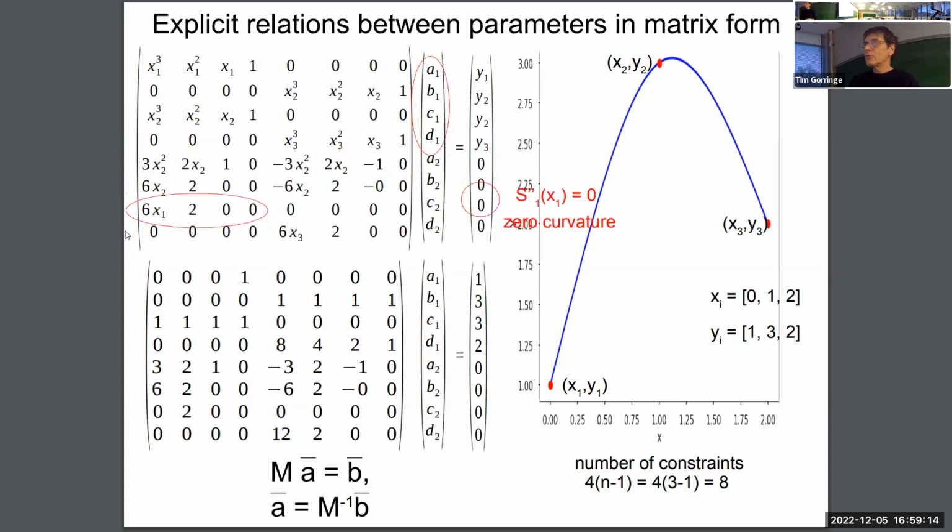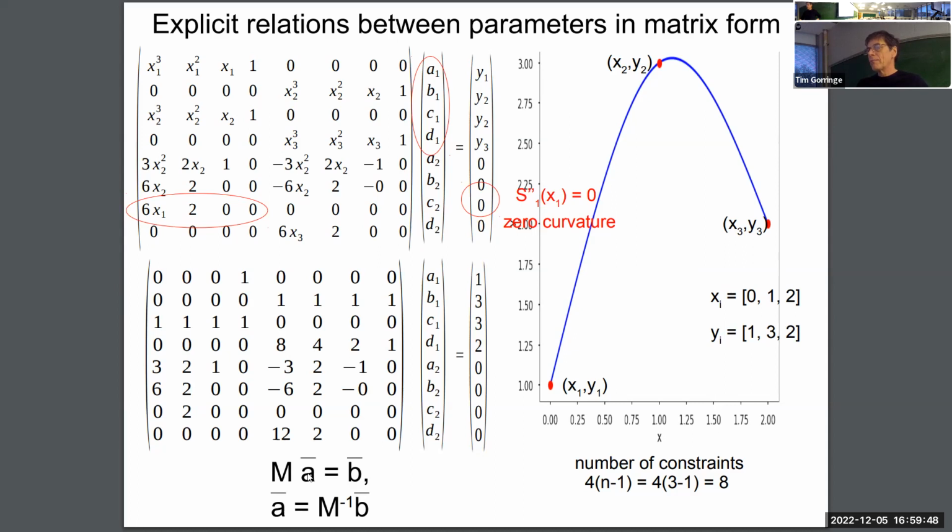And then finally, this one down here, when you multiply this row of the matrix by this column vector, this is the constraint associated with the fact that the curvature at this left-hand bookend has to be 0. So all of those 8 constraints are built into this matrix. And so you can see using Python and NumPy linear algebra, we've got a matrix problem of this form.